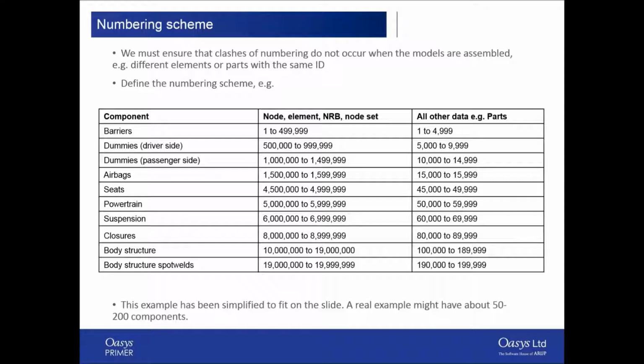People tend to set up numbering ranges for elements and other entities within their model for the different components, and as long as you adhere to that, you'll avoid all these label clashes that you can get in a dyna model.